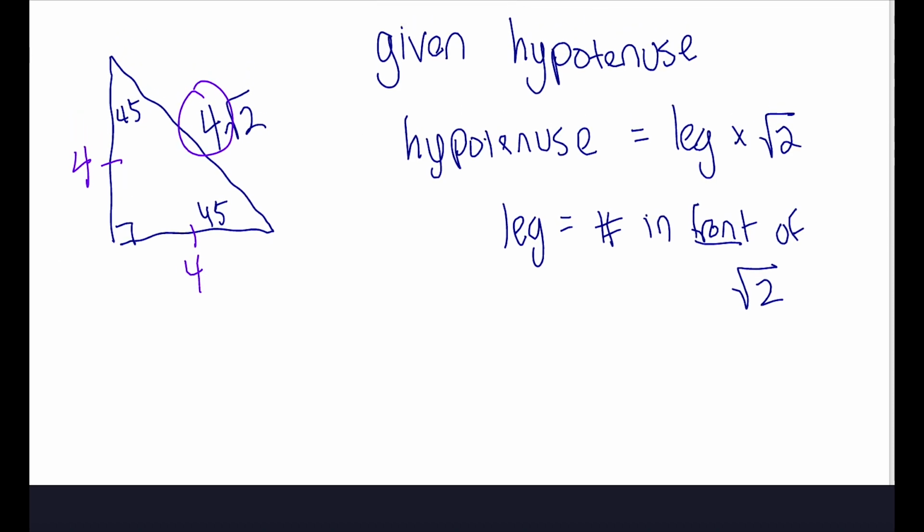So those problems were fairly straightforward since they were already in the side length ratios that are given for a 45, 45, 90. But let's look at some other examples where this is not the case.